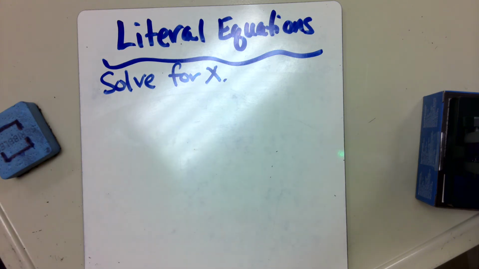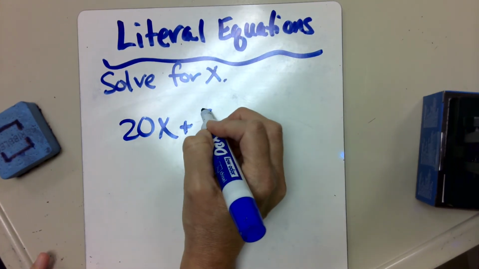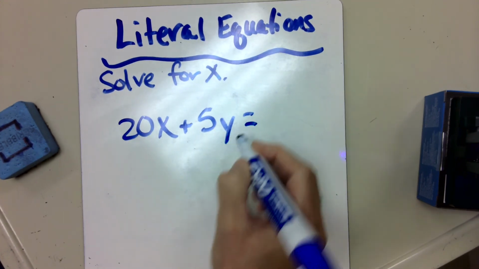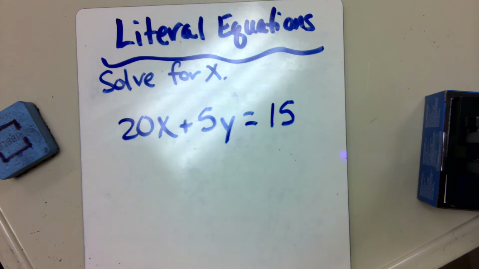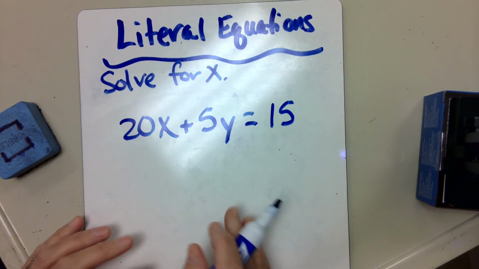Let's try, how about if we do 20x plus 5y equals 15. Now, we're going to keep this where we solve for x, and let's see what happens.